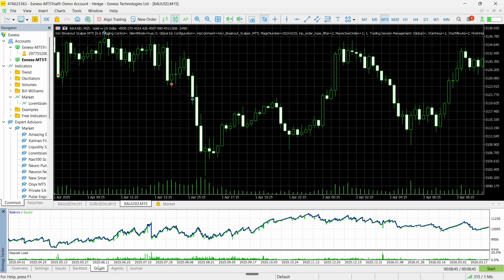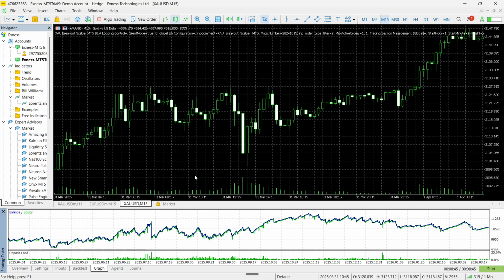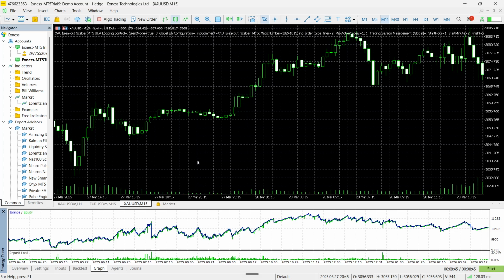So this type of equity curve is actually more realistic than many exaggerated gold backtests, but the near break-even profit factor and incomplete history quality indicate that the specific settings and period tested did not produce a strong edge. Performance of breakout and SuperTrend systems on gold is highly dependent on volatility regimes, session timing, and exact filter combinations.